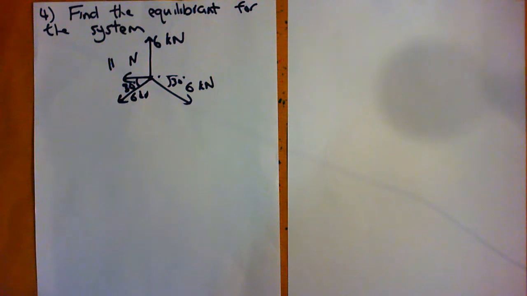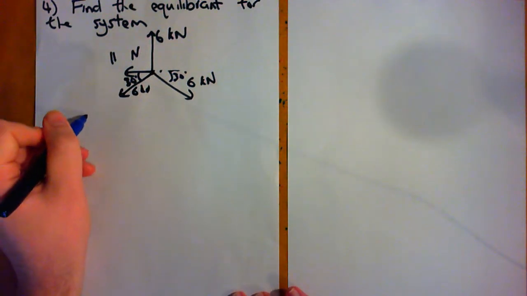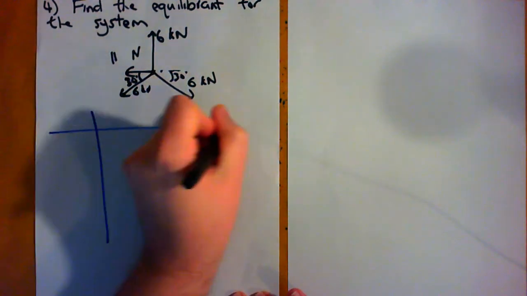Okay, so we're going to strive to find the resultant of this force system. So we'll draw the force table, and then at the end we'll reverse the direction to get the equilibrant. So let's do our force table. We've got 4 forces here.